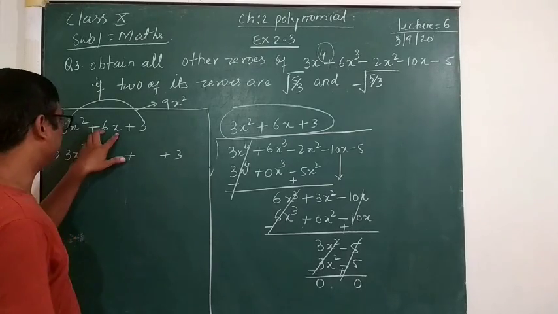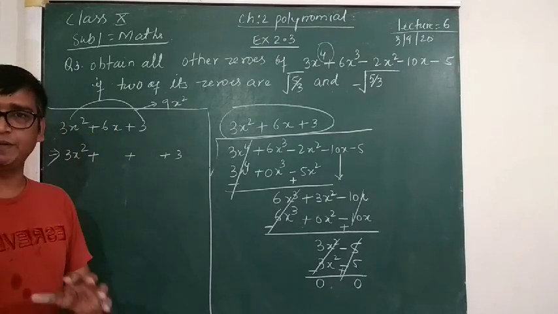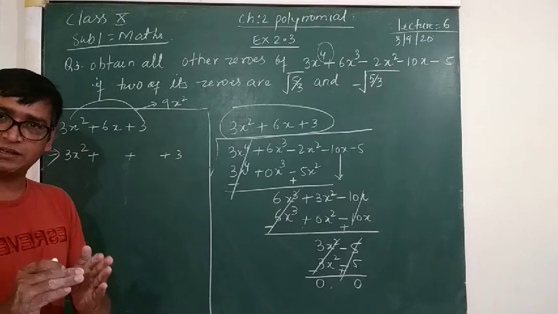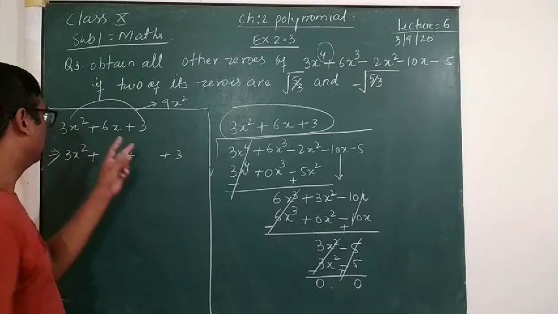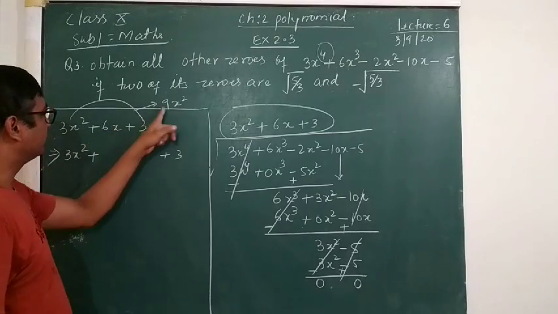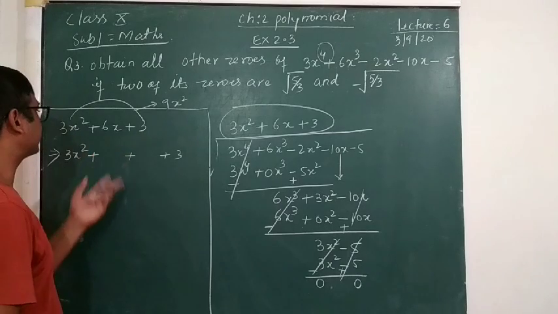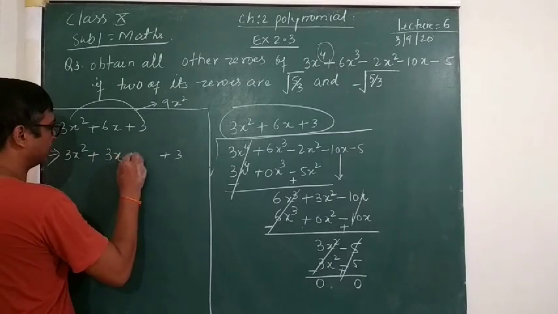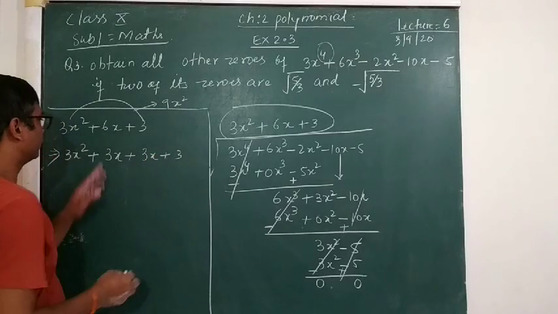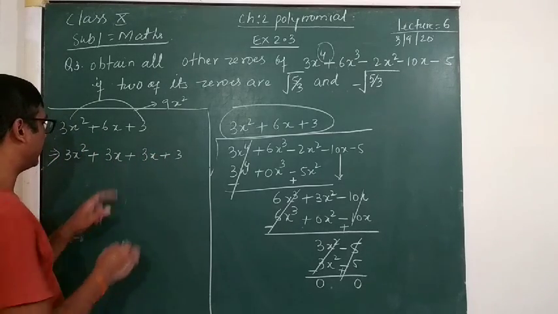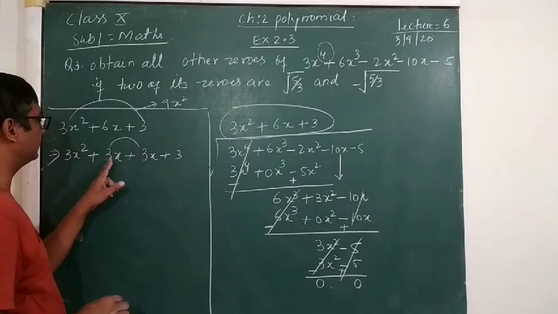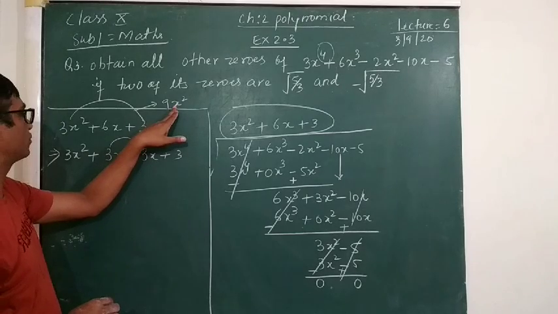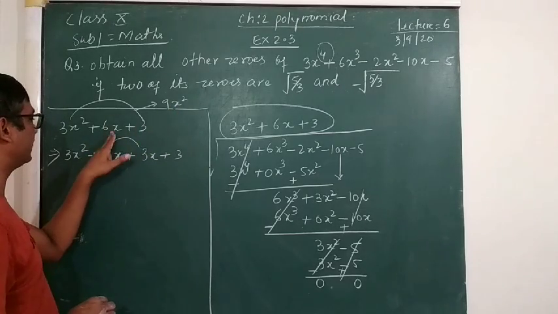Now you have to split this 6 in such a way that if you multiply the terms you get 9x square, and if you add them you get 6x. So if you put 3x and 3x, then if you multiply both these terms you get 9x square, and if you add, you get 6x.